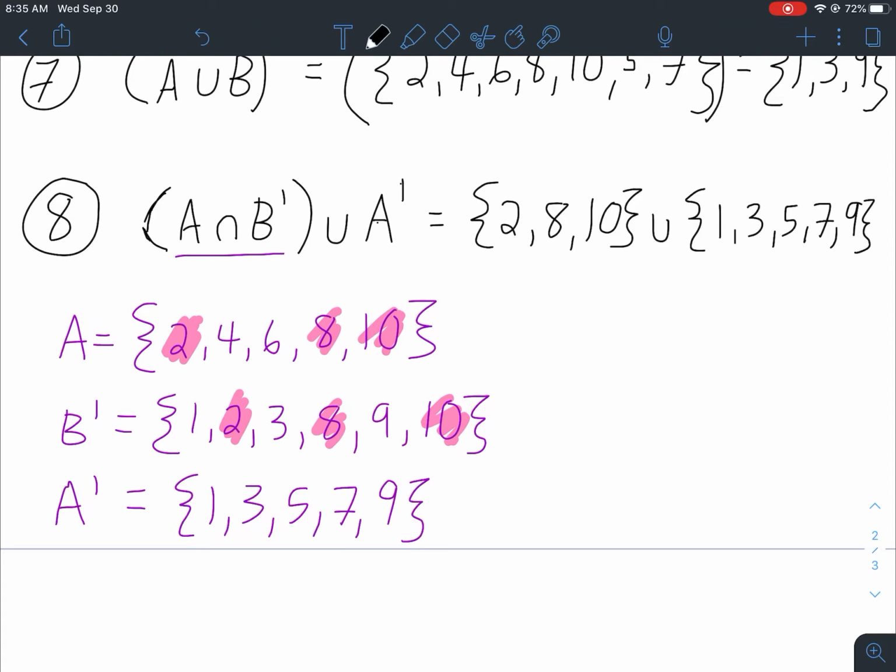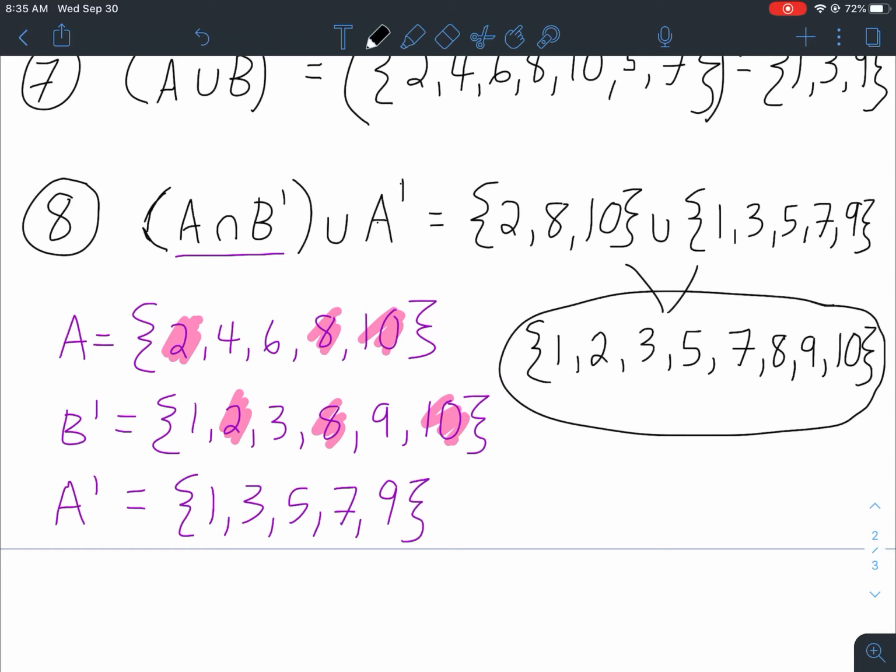And we're looking for the union between these two. So if we're looking for the union, we're looking to join the two sets together. So if we join all their elements together and we put them in numerical order, we have 1, 2, 3, 5, 7, 8, 9, and 10. And that's our final answer.